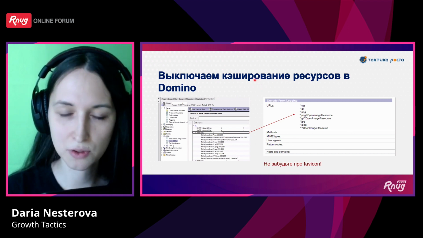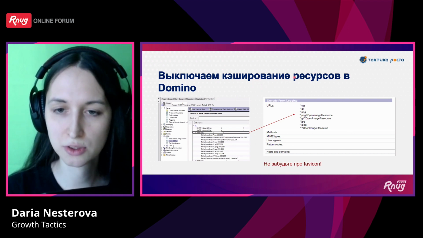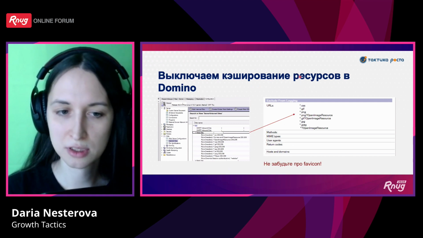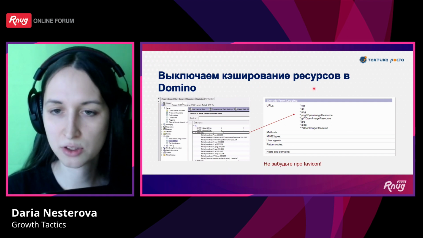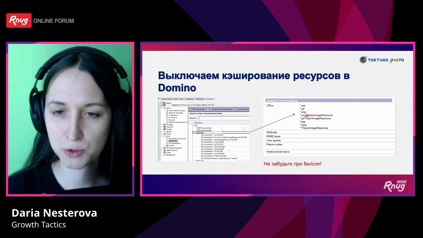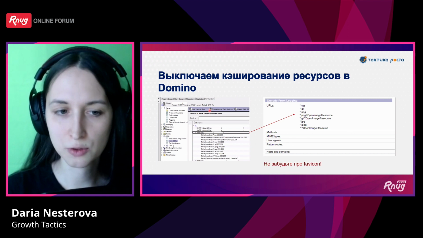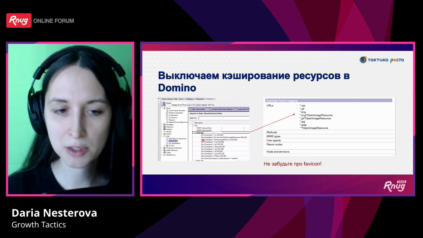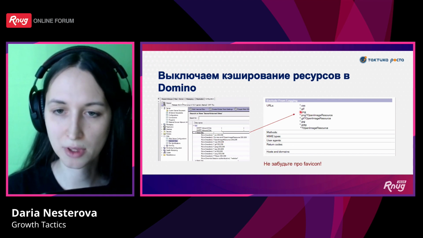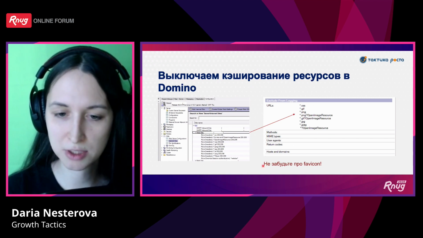When we set up our system, we saw that there are a lot of requests to resources with pictures, with images. So we disabled it in our settings. You go to web, to internet sites, and you add rules. A rule, I would rather say. And this rule caches these formats of files.